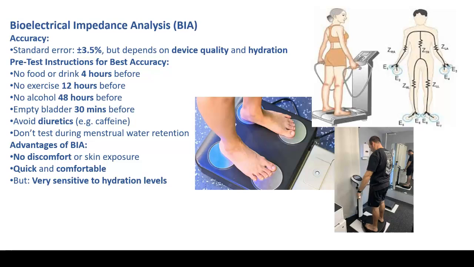Avoid caffeine, that is an important factor, and water pills, unless you are prescribed them. And don't do the test if you are on your period and holding water. That's an important fact.